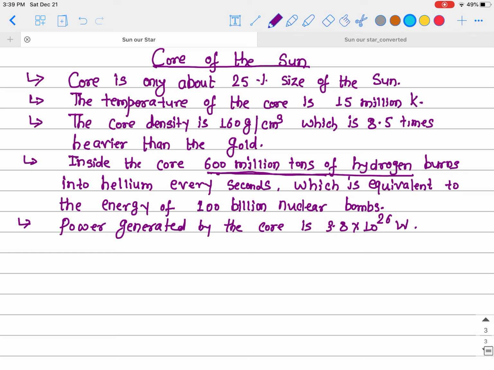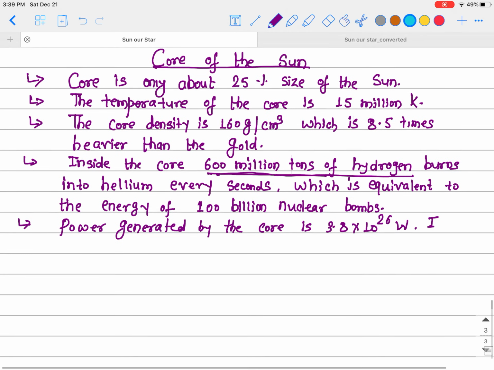So, again, if we could harness this, if we could capture the energy produced by the sun in 1 second, it could provide us the energy for 500,000 years.